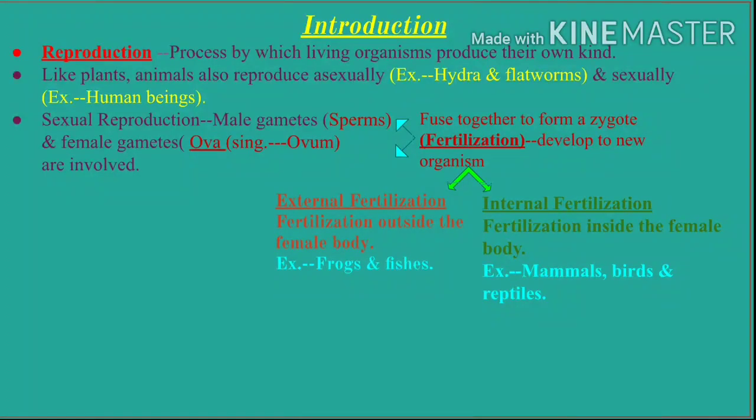External fertilization mainly takes place in frogs and fishes, and internal fertilization takes place in mammals, birds and reptiles. Next topic, we will study the male reproductive system.